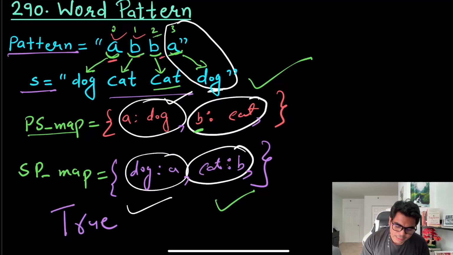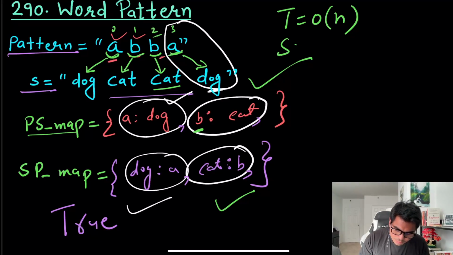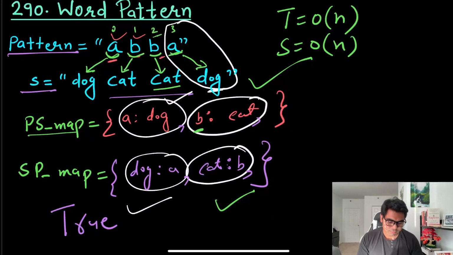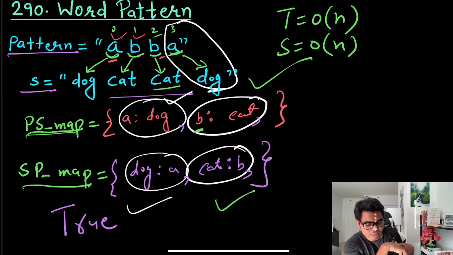So let's discuss the time and space complexity of this solution. Time is big O of n, because n is the length of pattern or string, and space complexity is also big O of n, because I'm using a map to store basically each string. Let's say there are n distinct strings, right?